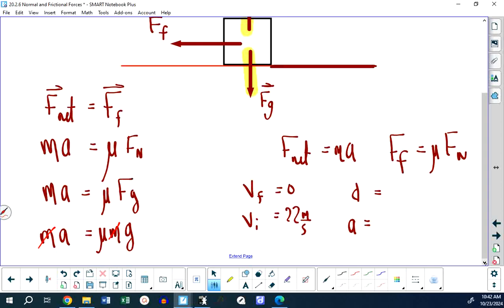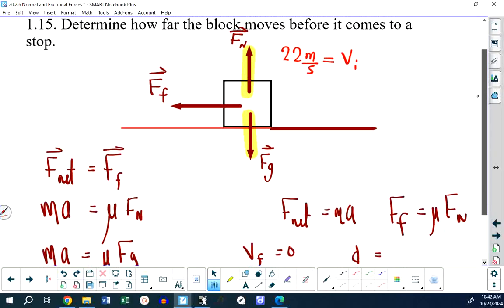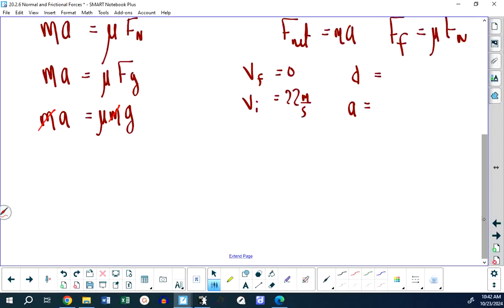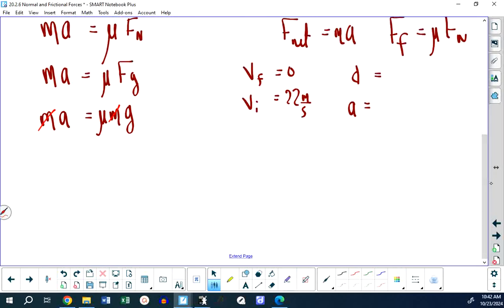So we have to find the acceleration from this, and then we can put the acceleration over there and answer the question. The coefficient of friction was 1.15, and the mass is 5 kilograms. Let me divide both sides by m to get the acceleration.